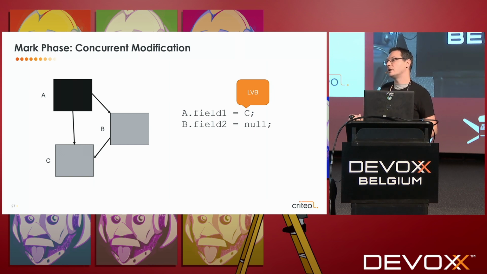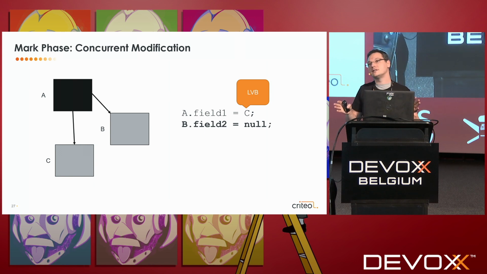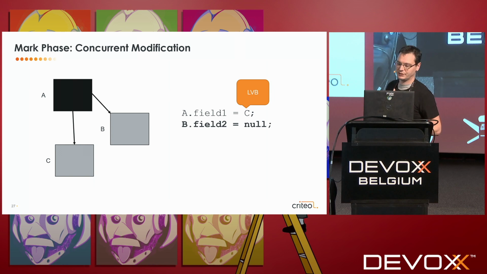So we are helping the marking algorithm: this C object, we are visiting it, so we mark it as gray. Then we can mark all objects like this. We can use a classical algorithm as if we had no concurrency, and then we have the LVB. It will help to mark all objects correctly and precisely. That's a nice benefit of the LVB.